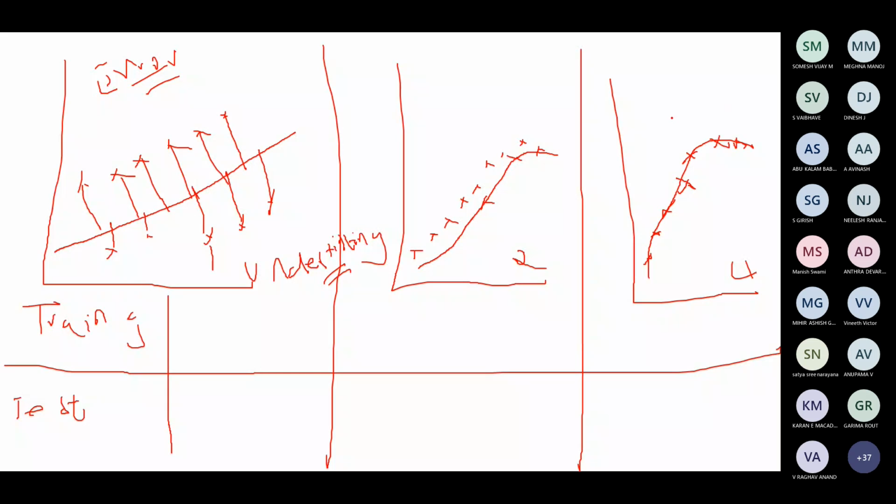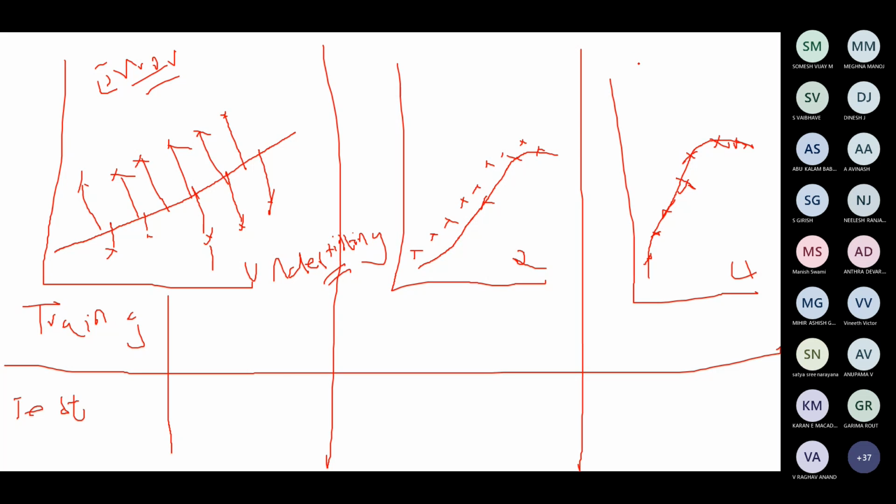But if you look at this model, on my training data it fits exactly. It passes through every point. You're getting the point, students? It passes through every point, and there is no error at all.